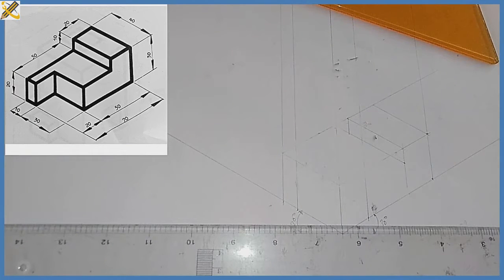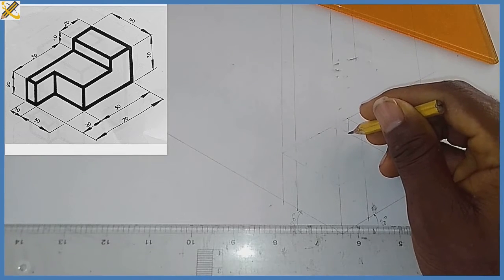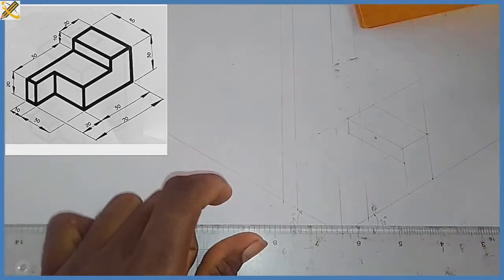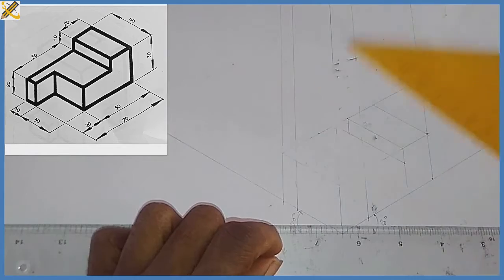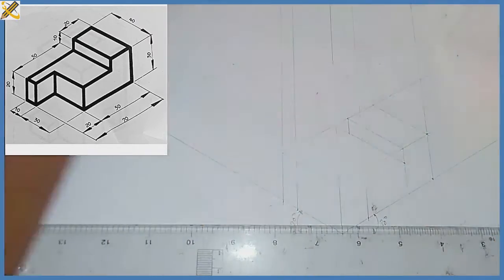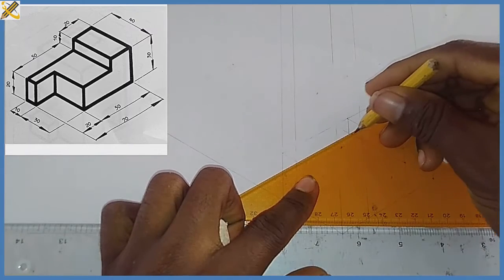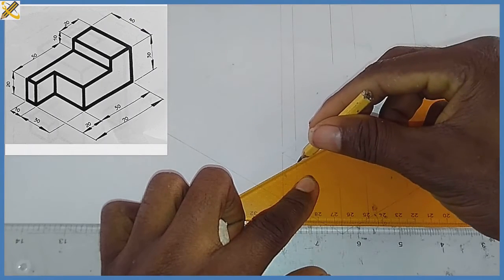So how do we achieve that? We were told that the distance from here down here is 50, which we already have there. So the next thing is to pick our 30-60 degree set square and project in this manner. From this junction right here, we project it downward.